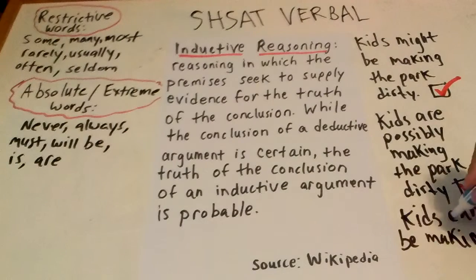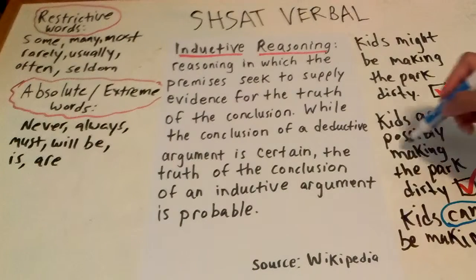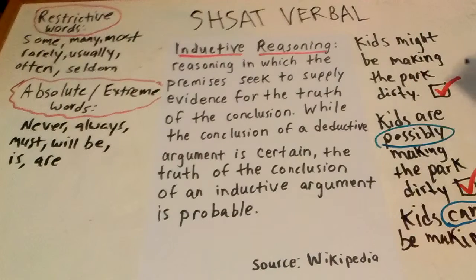It's because of the word can, because of the word possibly, and because of the word might. These words do not denote certainty. They denote probability. So let's put them here on the side and add them to our list.